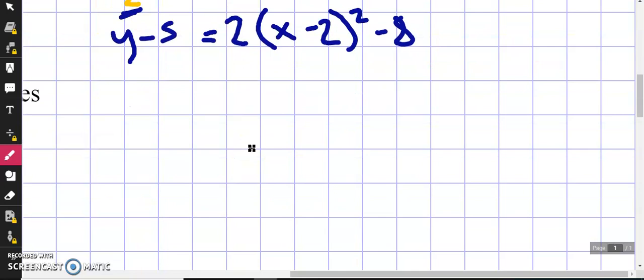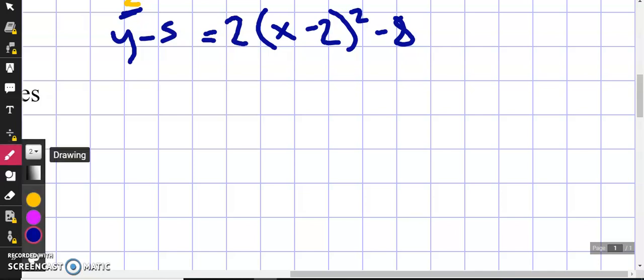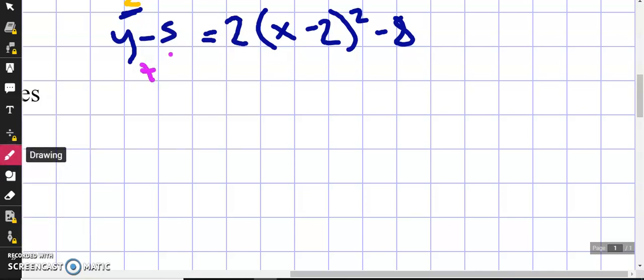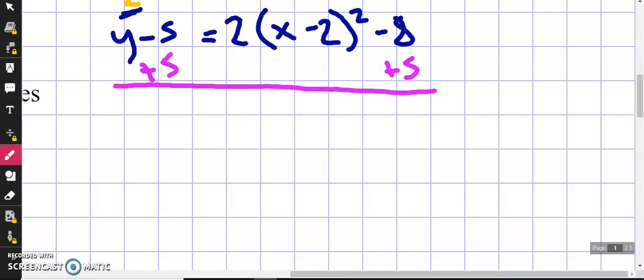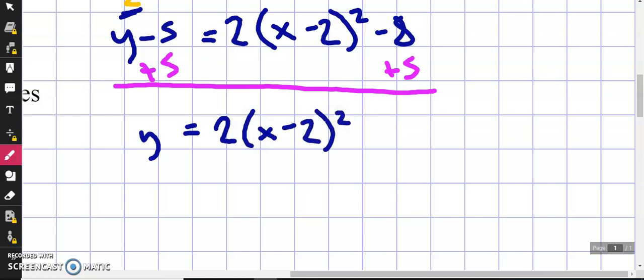And then finally, to move the minus 5 to the other side, I'll do plus 5 instead. So what I will end up with is y equals 2 times x minus 2 squared minus 3. So my vertex point is at positive 2 and negative 3.